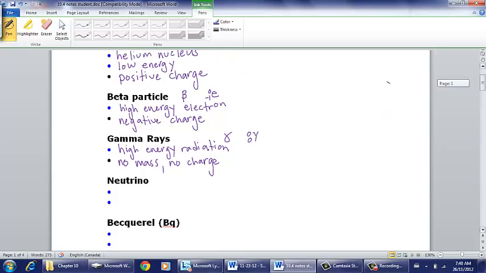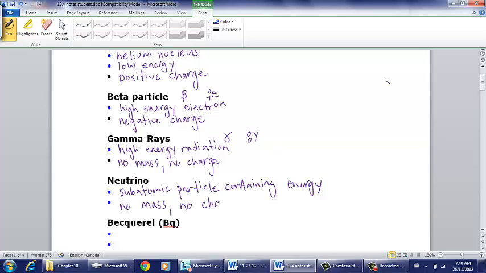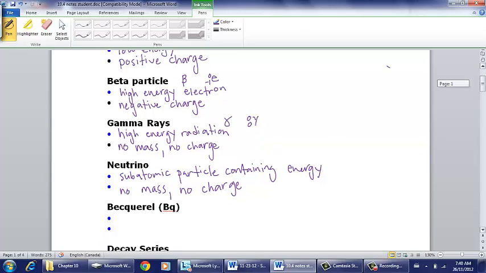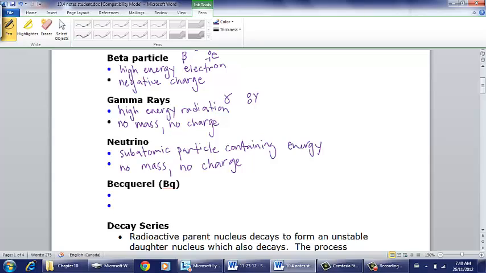I'm also going to introduce you to the term neutrino. And a neutrino is a subatomic particle containing only energy. And it also has no mass and no charge. The degree of radioactivity is measured in becquerels, and becquerels is abbreviated BQ.